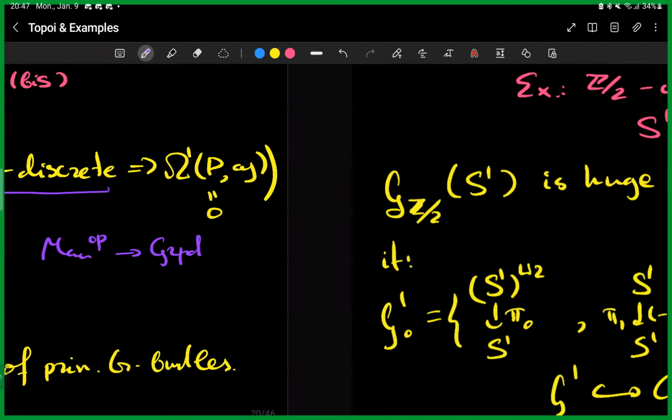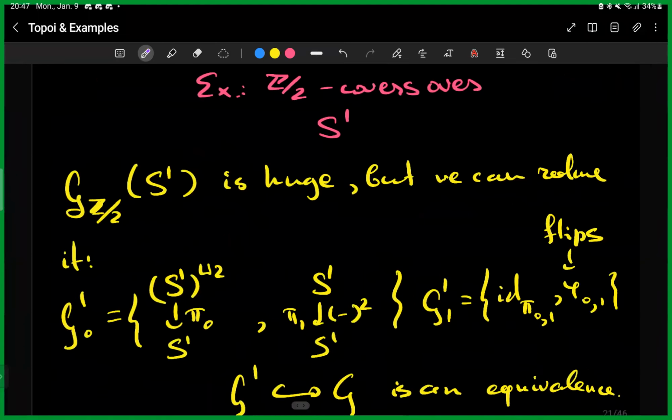And we can consider a particular example. So assume that our base manifold is just the circle. Then, of course, such a groupoid is huge. We have a lot of two-sheeted covers over S1. But we have very few up to an isomorphism. So define a subgroupoid whose objects are given by, so we have two objects.